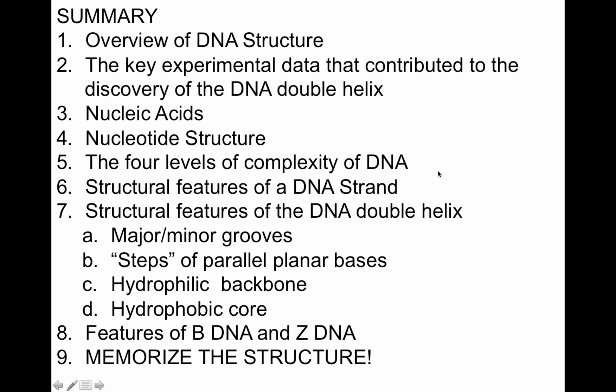Okay, so in summary, we had an overview of the DNA structure. We've reviewed what the key experimental data was that contributed to the discovery that DNA is a double helix.